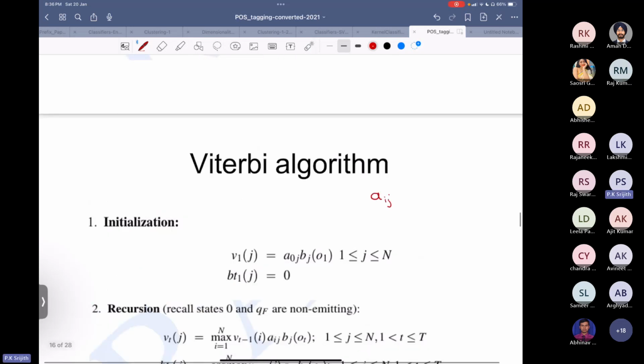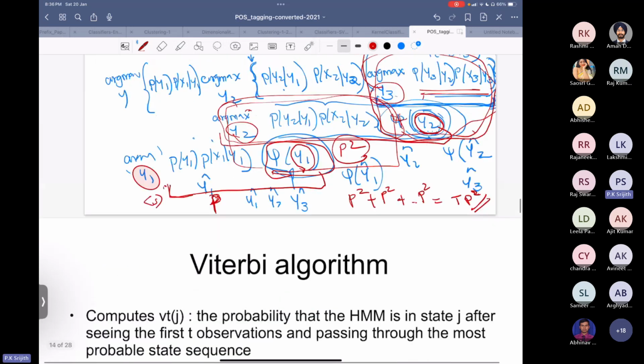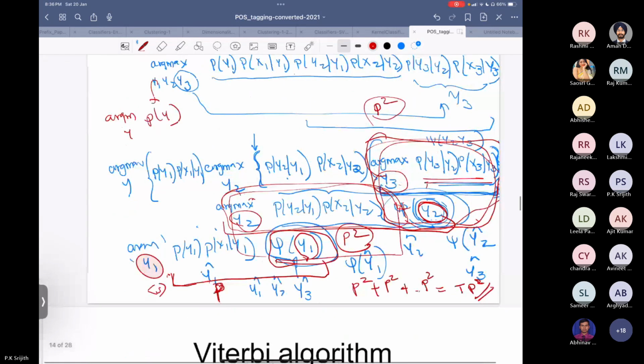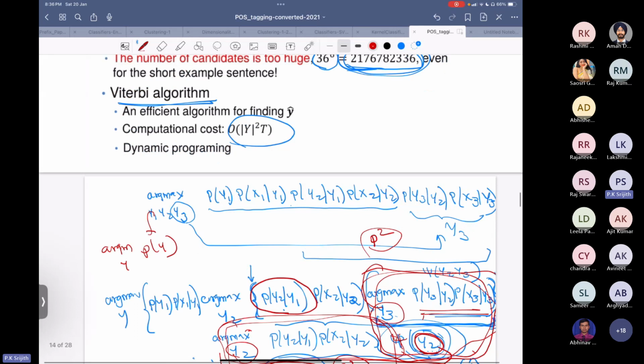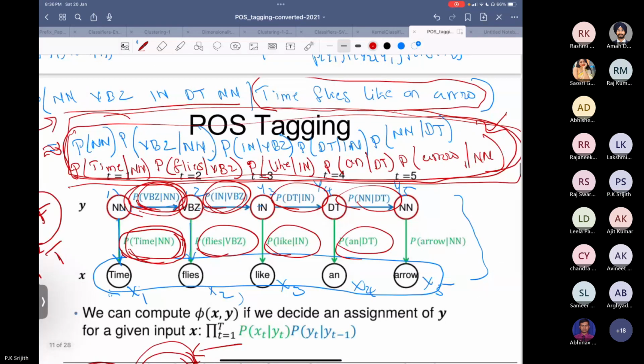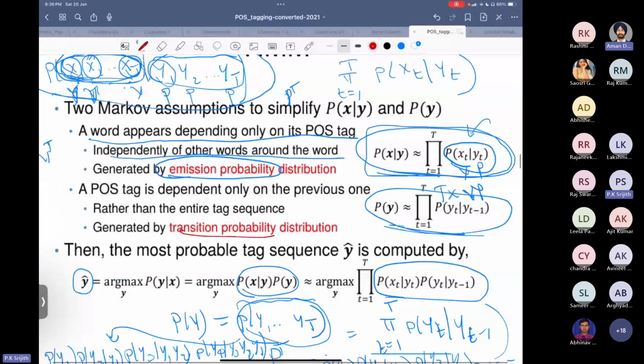So basically, this is your y2 given y1, which is also known as the transition probability, as we have mentioned here. This is the transition probability.